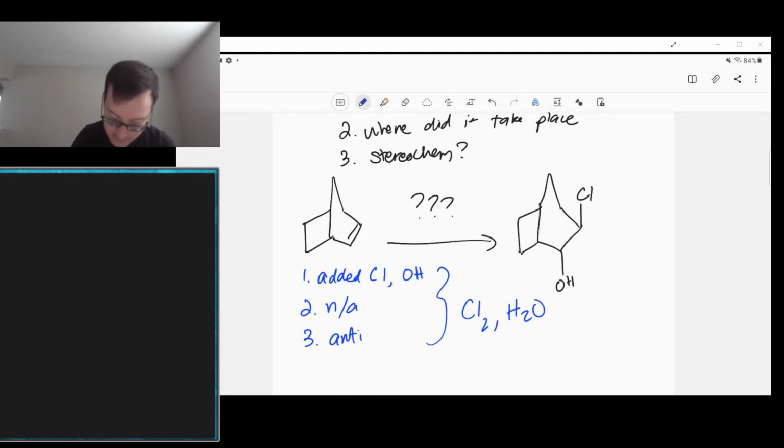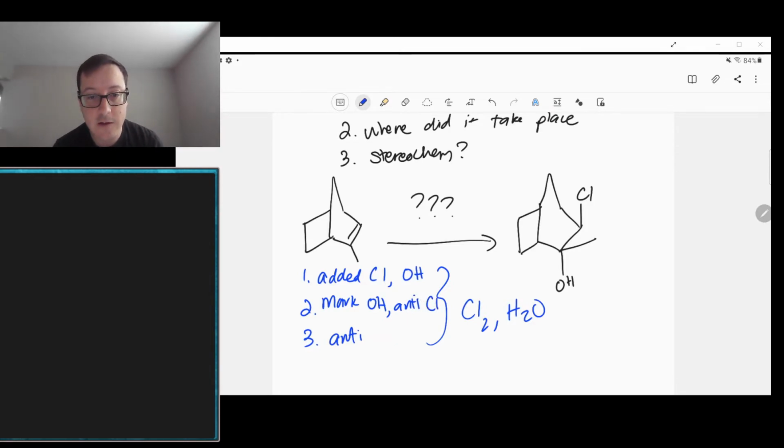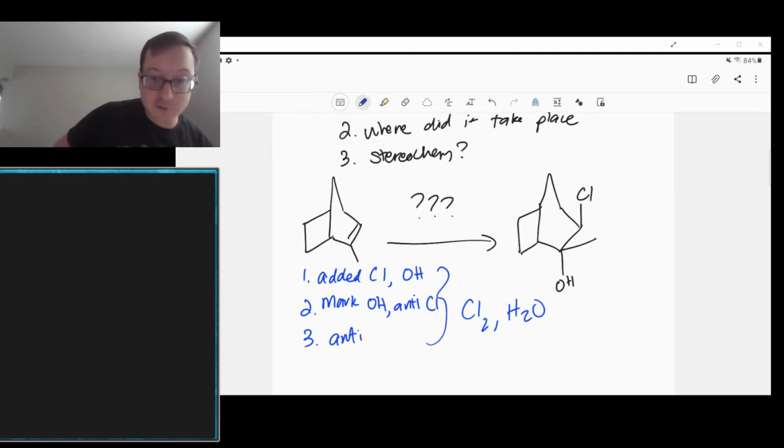But if we did, here, I'll make this easier for us. There we go. So we see that we've added Markovnikov hydroxy and we've added an anti-Markovnikov chlorine. So that's halohydrin formation. So that's Cl2 and water.